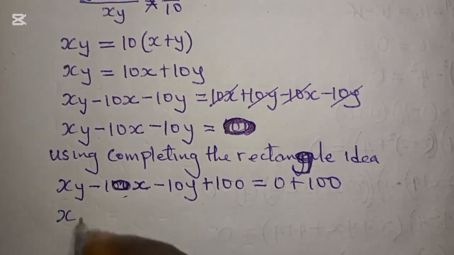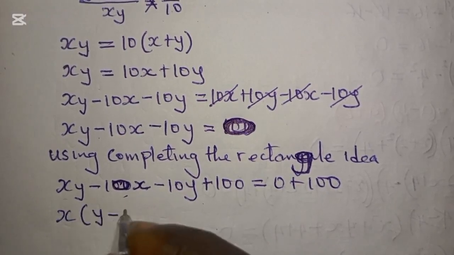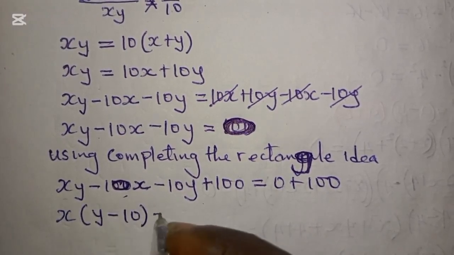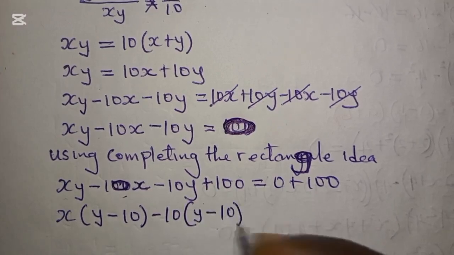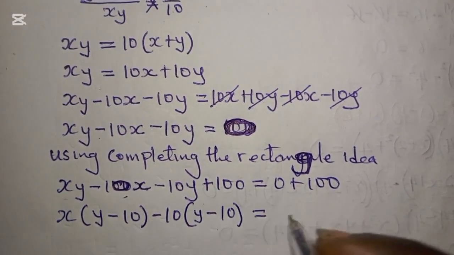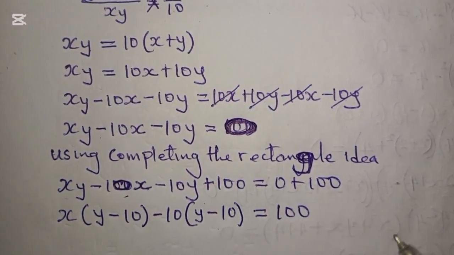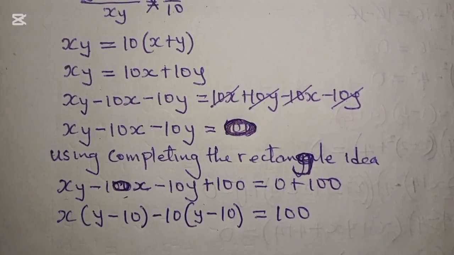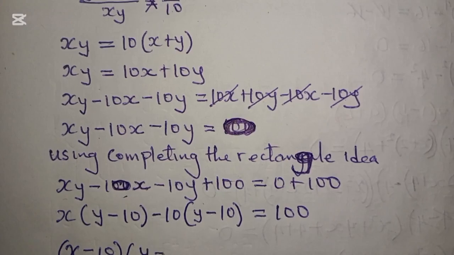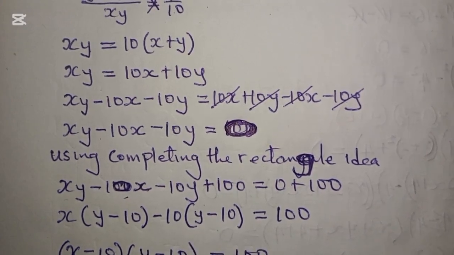That's x, you have x times (y minus 10). What's common here? Minus 10, that's minus 10 times (y minus 10), which is equal to 0 plus 100, that gives us 100. So if we factorize this now, the factors here are (x minus 10) times (y minus 10), equals 100.